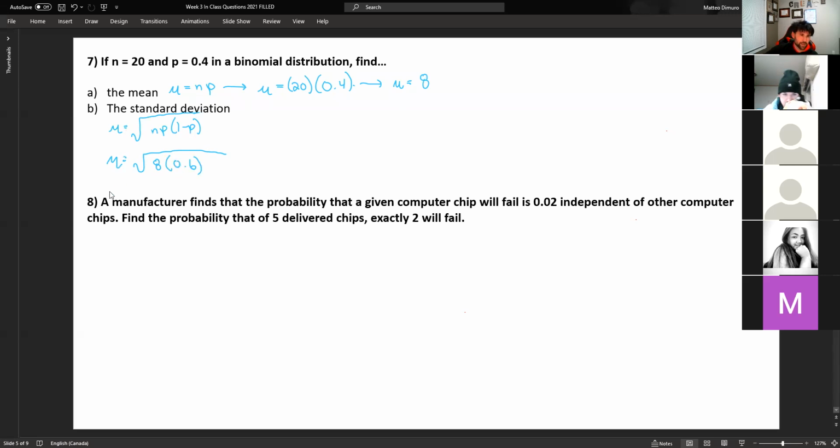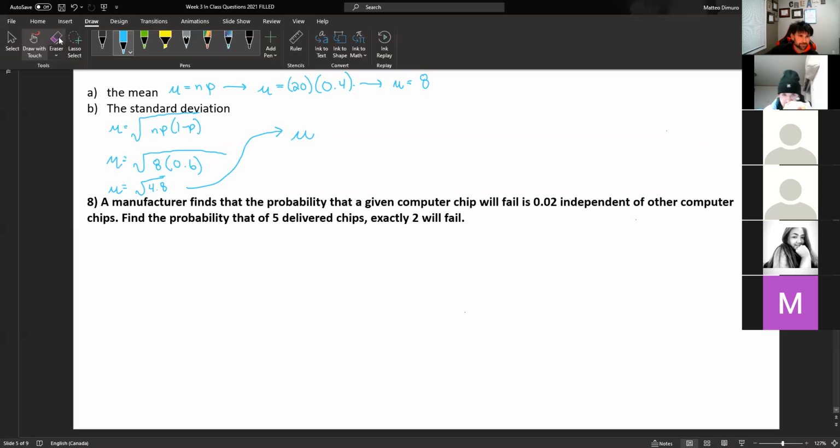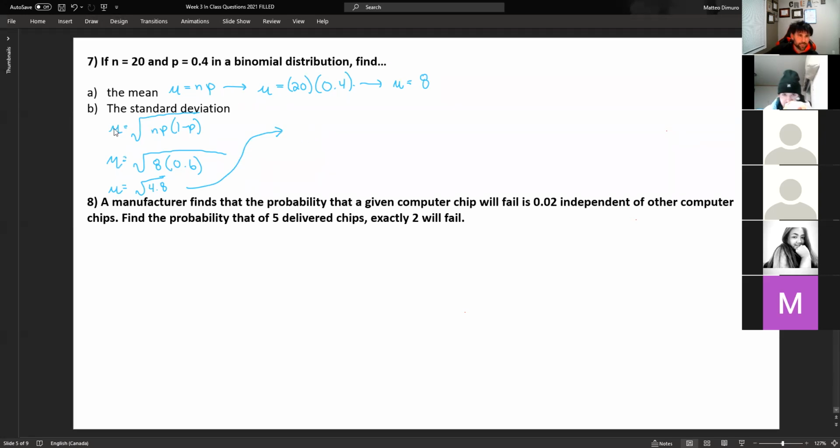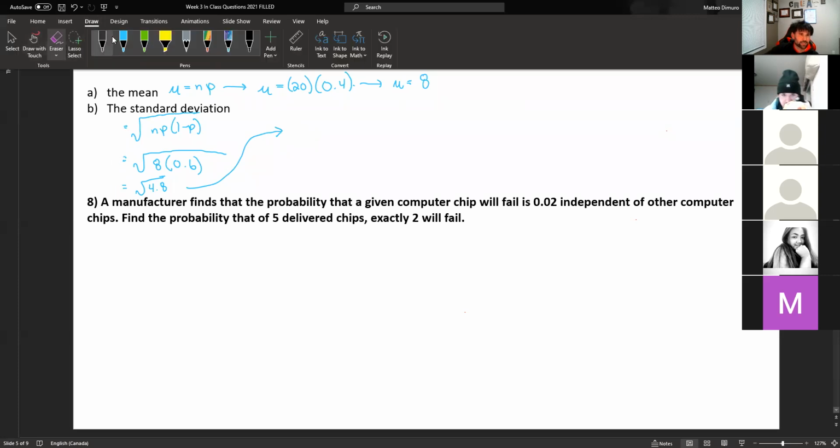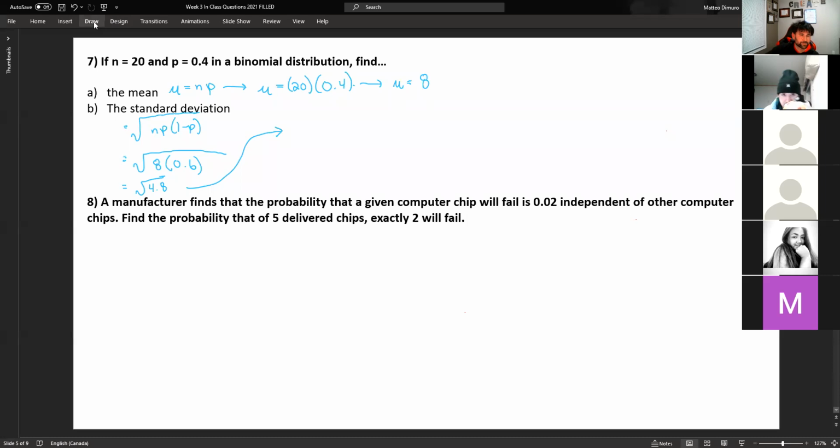So do the square root of that. If you have a moment on your calculator, I'll just pause. 8 times 0.6 gives you 4.8. And then I'll just move over here. Oh, I'm writing the wrong symbol. We're doing standard deviation and I keep writing the mean. Should be writing the standard deviation symbol.